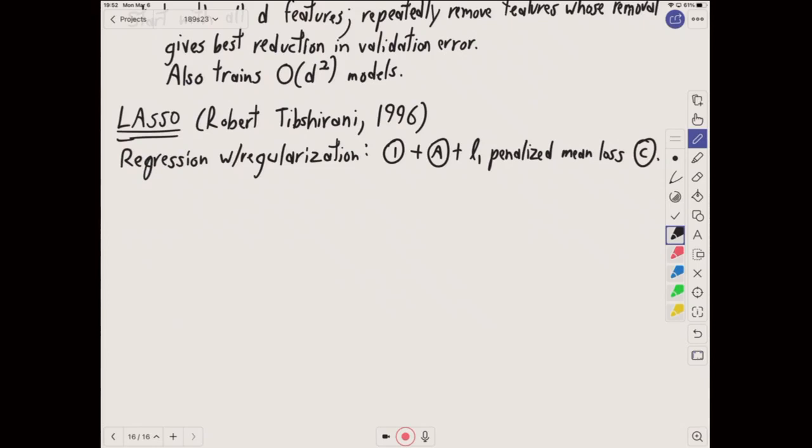But it also has a lot in common with subset selection, because one thing lasso often does is set some of the weights to 0. It figures out that features are not very strongly predictive and just gives them 0 weights. So based on optimization, it implicitly figures out which features are not very predictive.